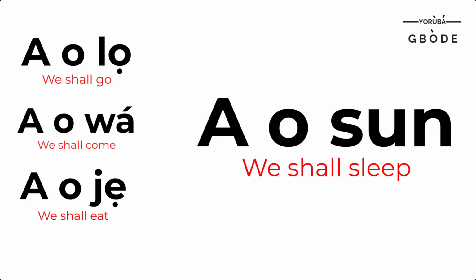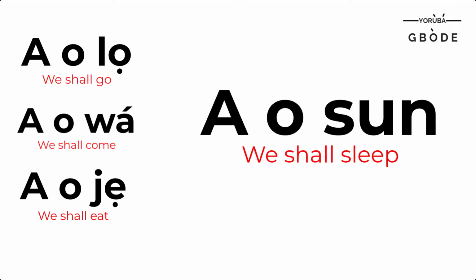That is the combination of consonant S plus nasal vowel U. Sun. When you pronounce the two together, it gives you Sun. A, O, Sun.